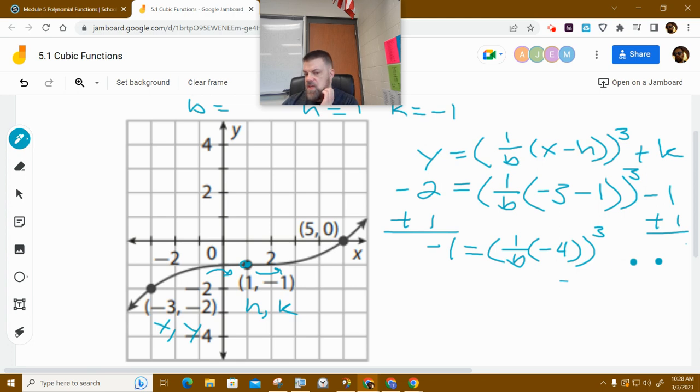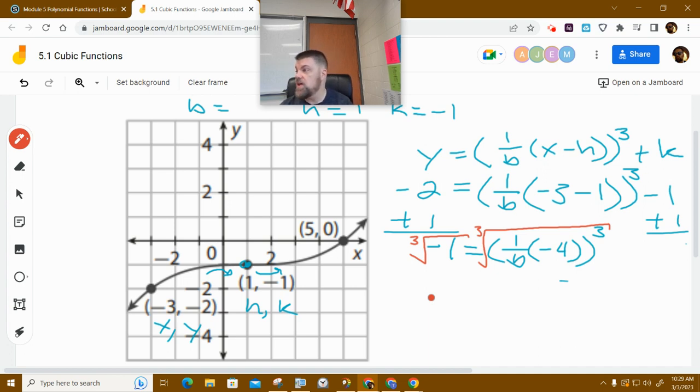Now, here's the tricky situation. Here, I need to take the cube root of both sides. Why am I doing that? Because I've got to get rid of this cube. So remember, to take the cube root, you put the index 3 here. Probably most of your life, you've never put a number there, because mathematicians are lazy. If there isn't a number there, it's implied that a 2 is supposed to go there, and we call that the square root.